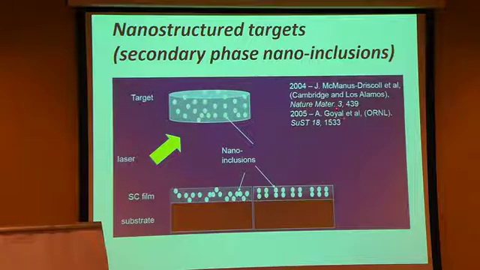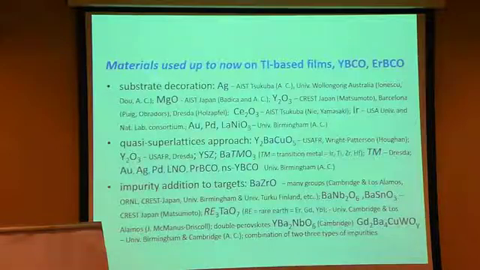Later on, at Oak Ridge Laboratory, by increasing the temperature a little bit and decreasing the frequency of the laser shots, giving more time to those nanoparticles to self-assemble, those nano islands were shown to be able to self-assemble into nanorods, so to create some sort of correlated c-axis pinning effects.